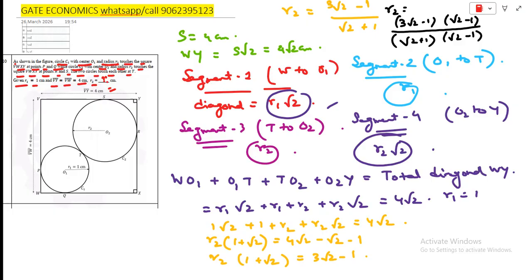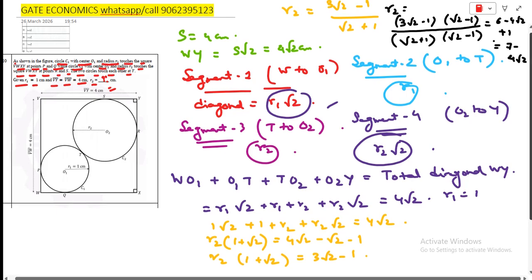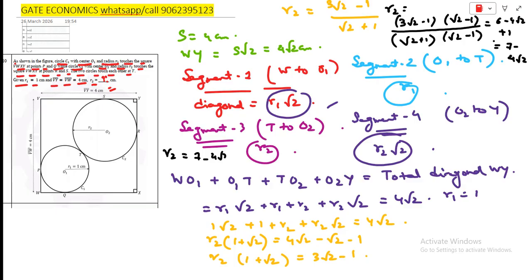So the numerator will be 3 into 2 minus 3 root 2 minus root 2 plus 1, that is 6 minus 4 root 2 plus 1, that is 7 minus 4 root 2. Okay, so R2 is what? We got R2 is 7 minus 4 root 2.